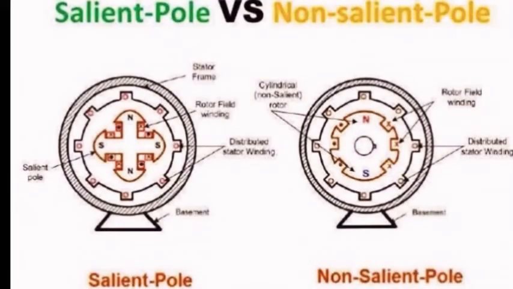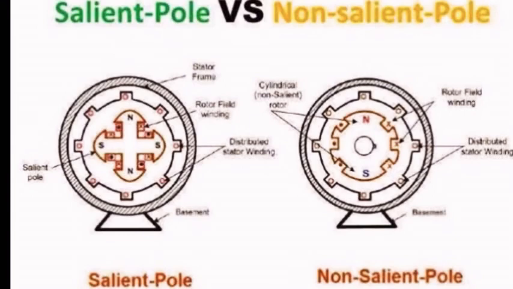Now we will discuss the difference between the salient pole and non-salient pole synchronous machine. First, the non-salient pole synchronous machine has a rotor that is cylindrical in shape, and in the non-salient pole machine we use distributed winding on the rotor.